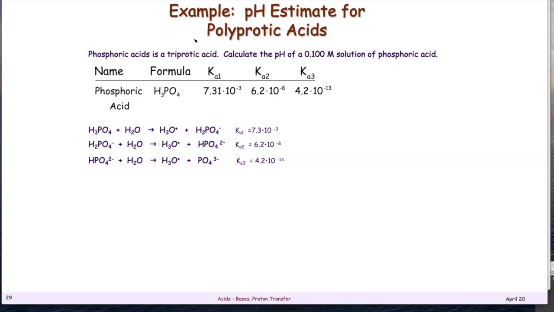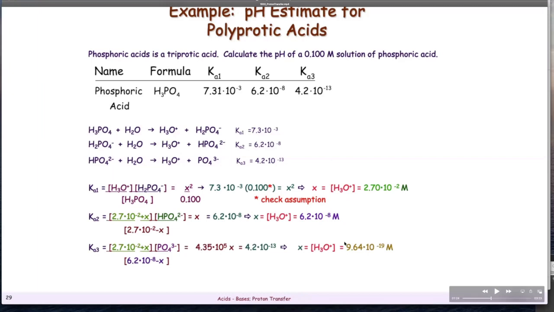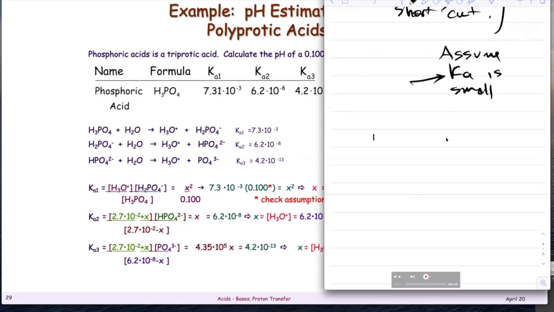And let me show you that real quick. So I want to show you this first reaction. We have the ice table and we have the mass action expression. And again, you can see that if I use this equation right here, the hydronium ion concentration is equal to the square root of the initial concentration of phosphoric acid times Ka.